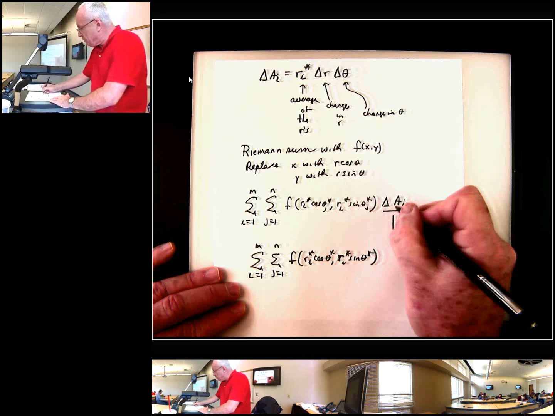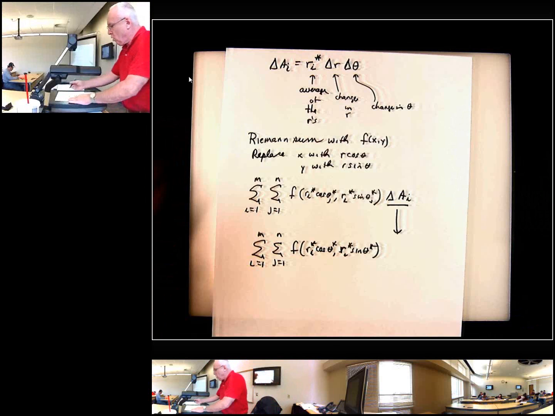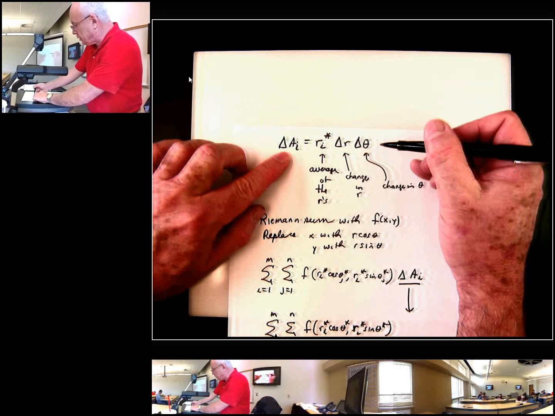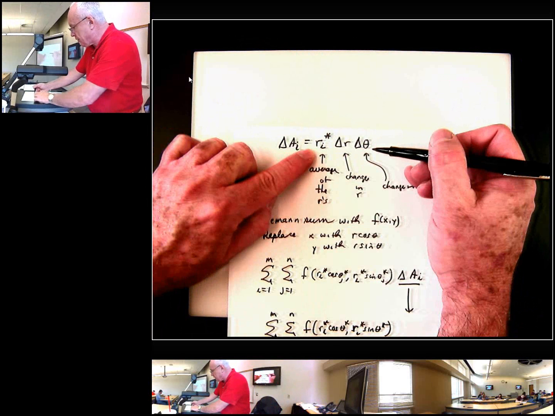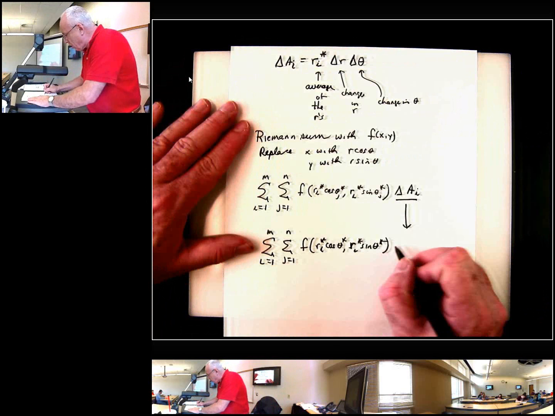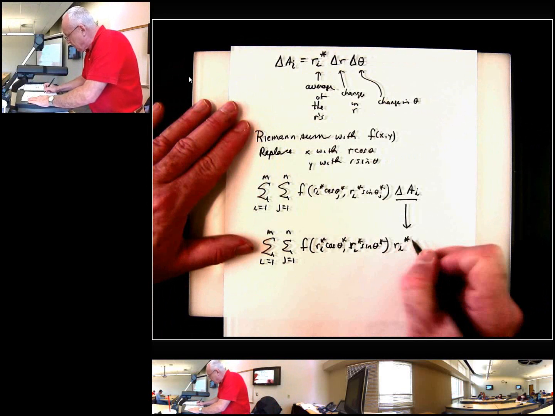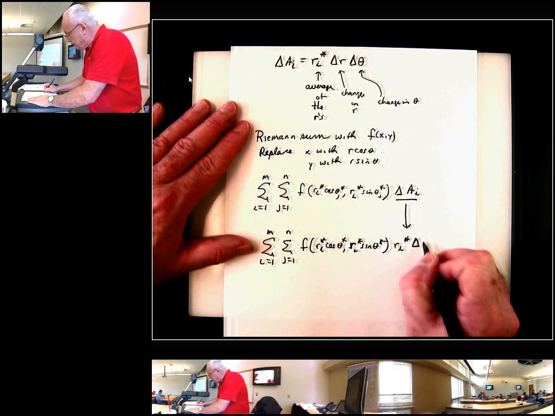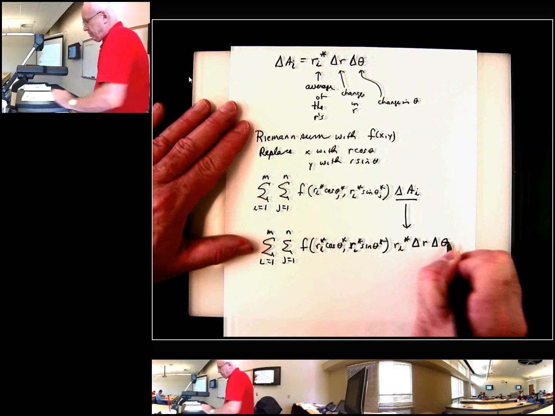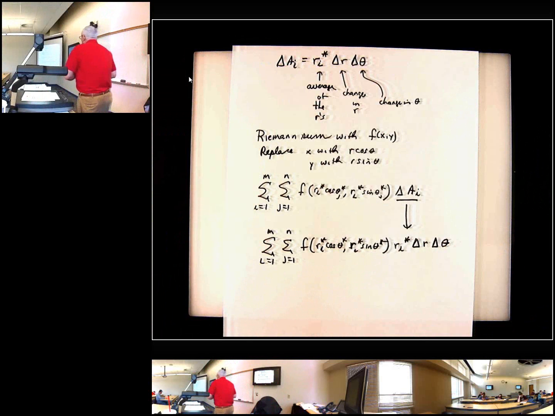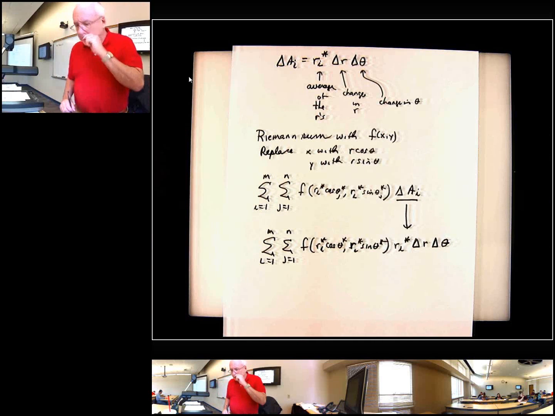And now I'm going to replace the delta A with how it can be represented in terms of our r and theta. So that's going to be r_i star delta r delta theta. Okay, so now it's all in terms of polar coordinates.